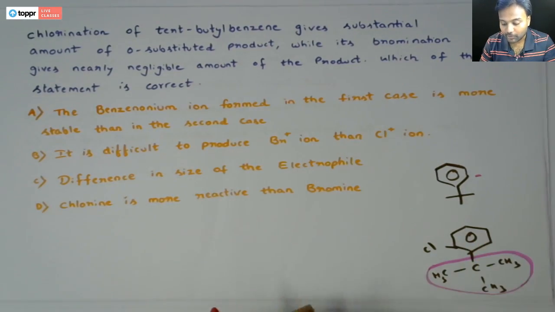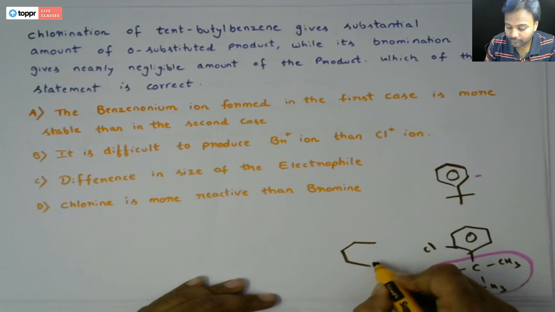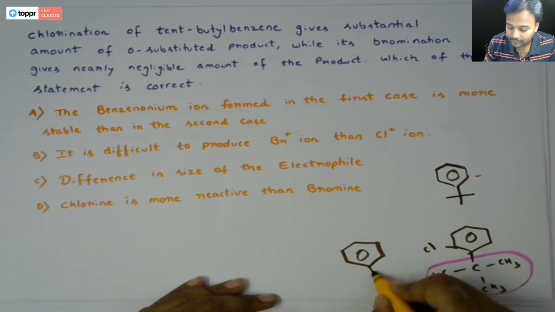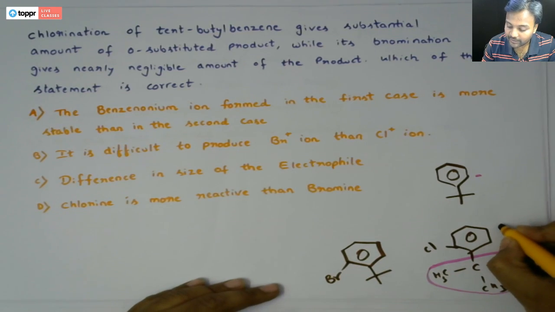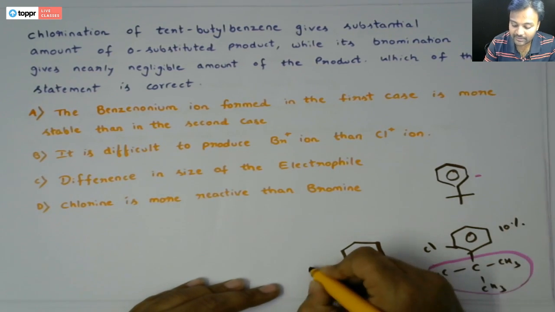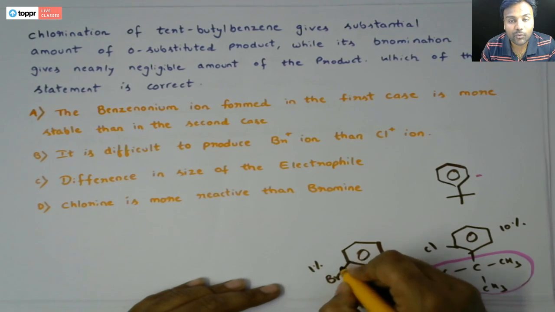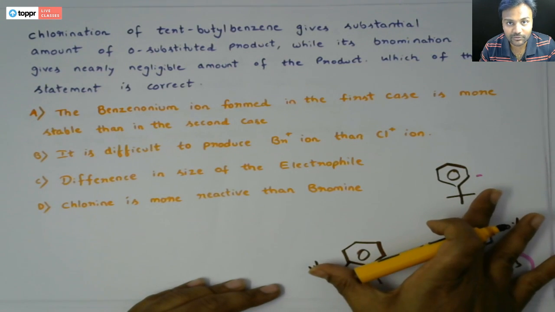Means the product, the same thing. Here you get bromine, but here if you say there is only 10%, I can say here only 1%. What is the reason? That's what they were asking you. Hope you understood.